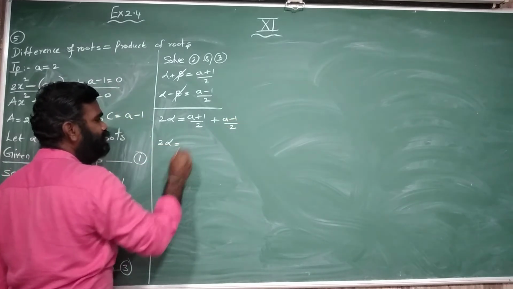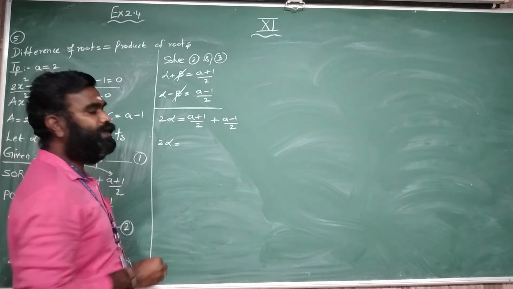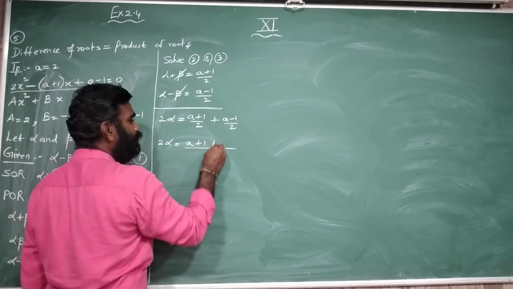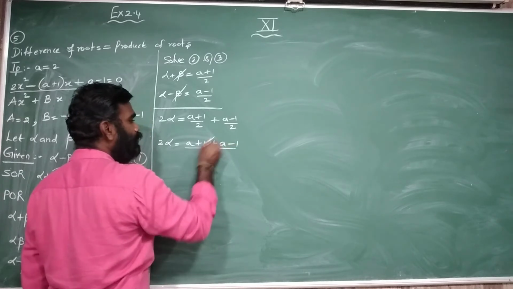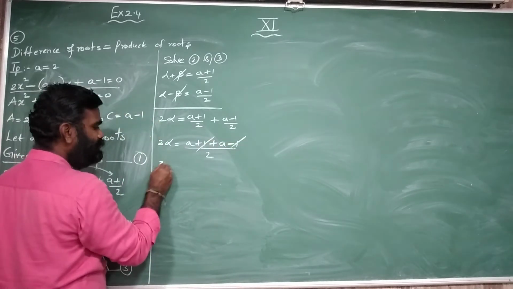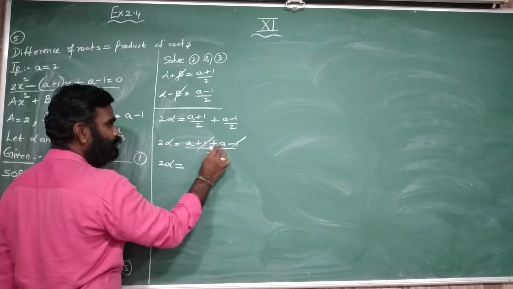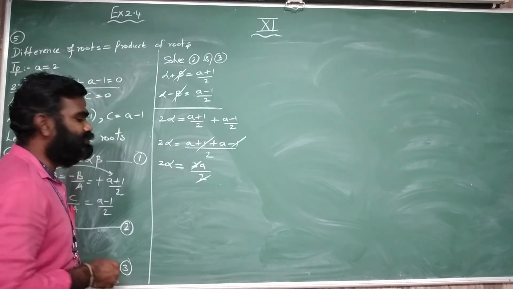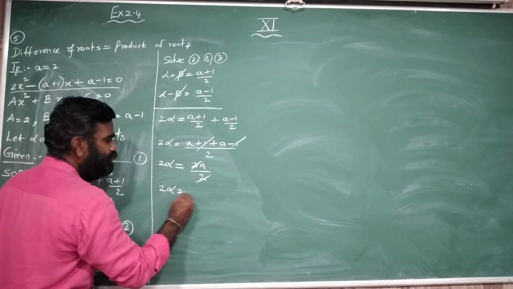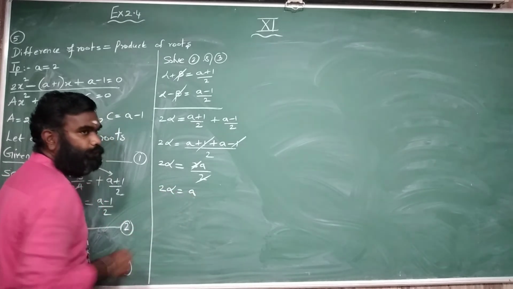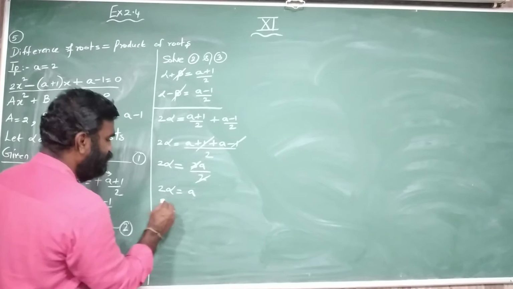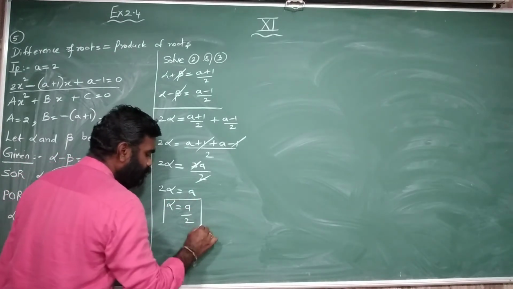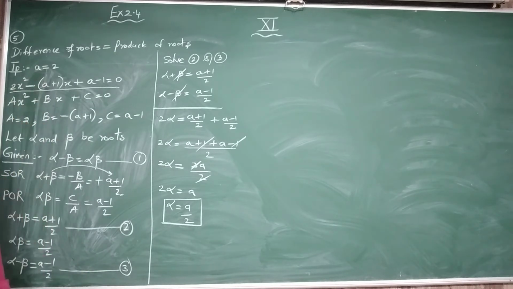Since the denominator is the same, I can put 2. (a + 1) + (a − 1), plus 1 minus 1 gets cancelled. 2 alpha is equal to a plus a, 2a by 2. 2 alpha is equal to a. Let 2 come towards the denominator of the right-hand side. Alpha is equal to a by 2. I have got the value of alpha equal to a by 2.